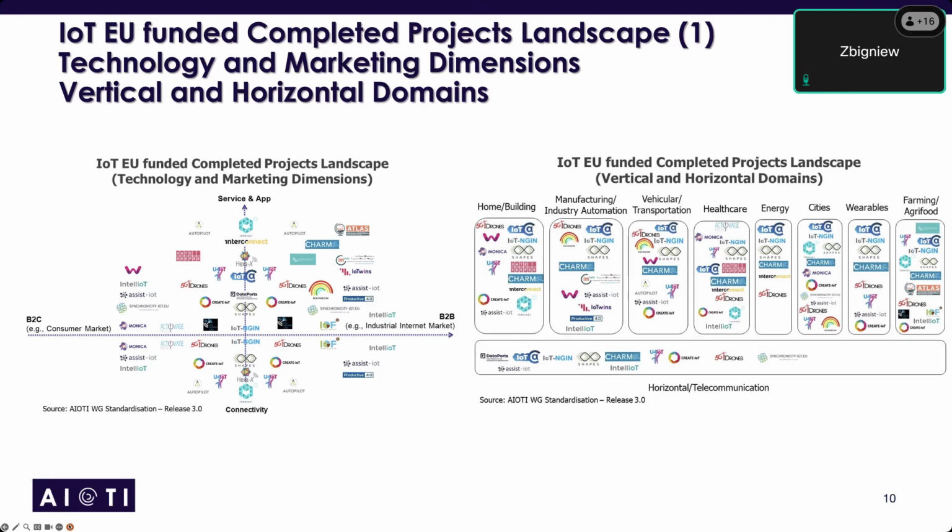You can see the spread of the projects is quite wide among all the verticals. Some of the projects even touch all the use cases, all the verticals. Some are focusing on specific verticals. So next slide, please.